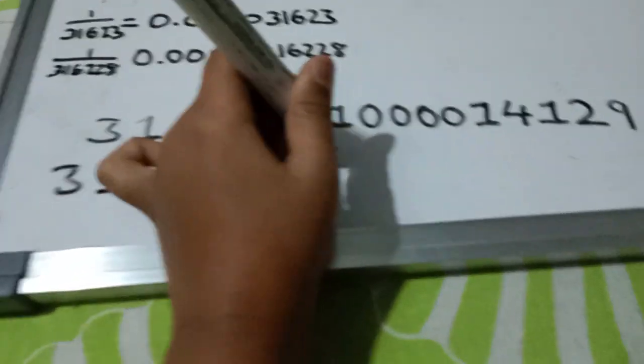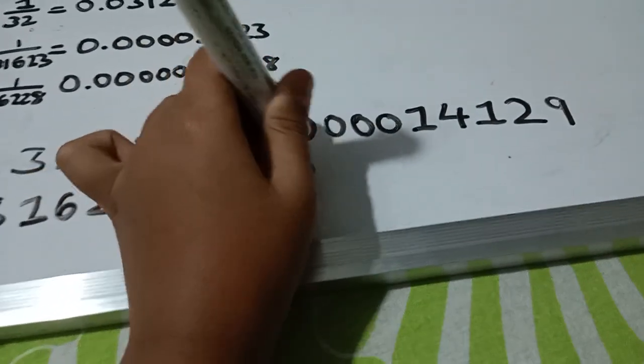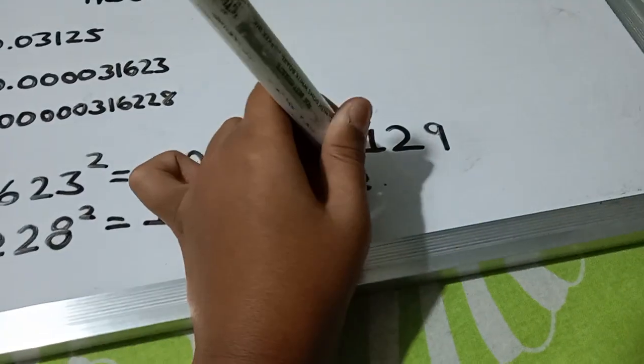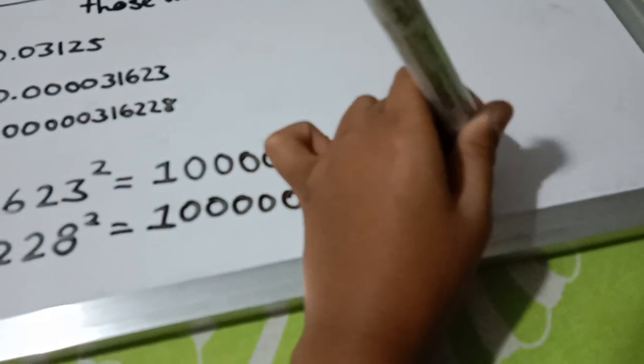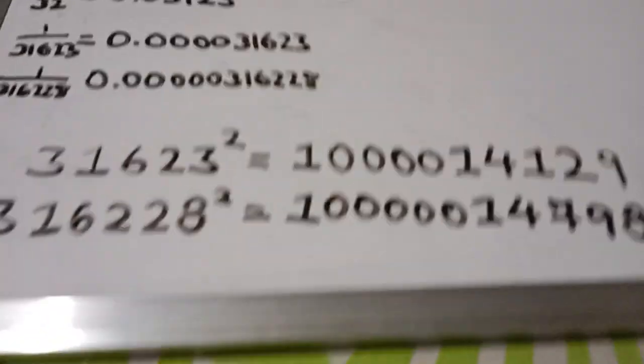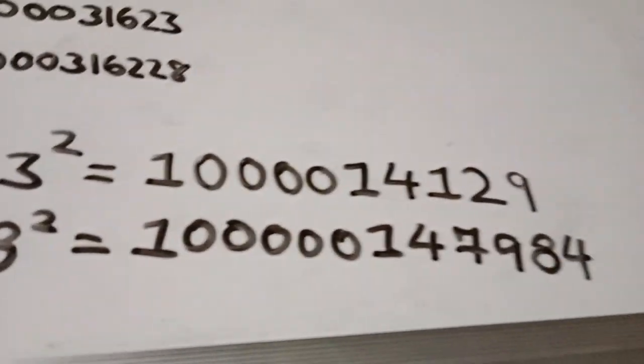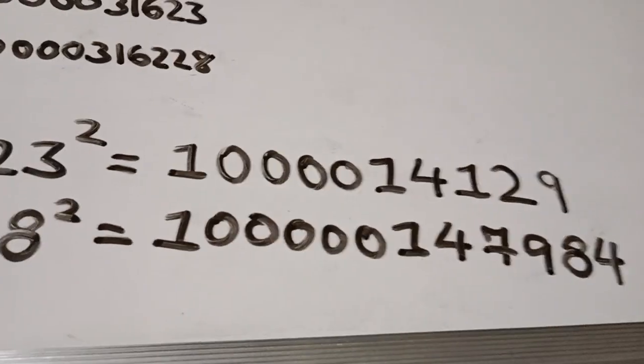Squared. Now you have to see how many zeros are next to each other after the 1.